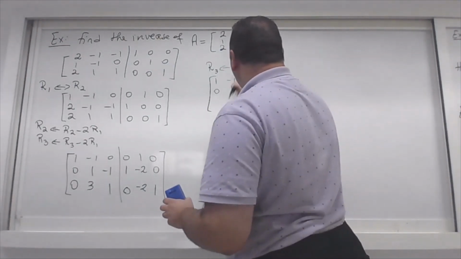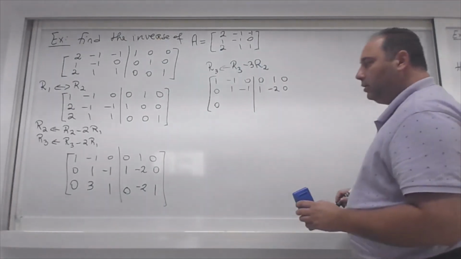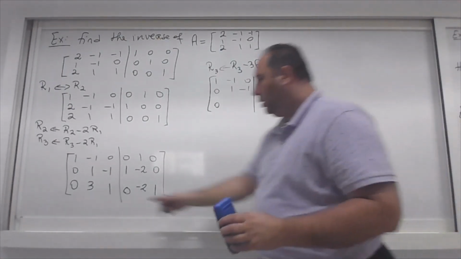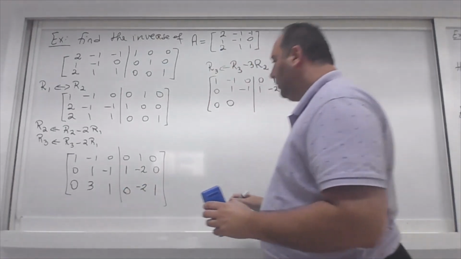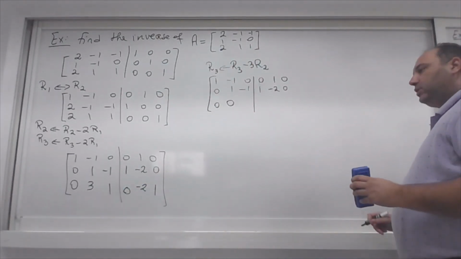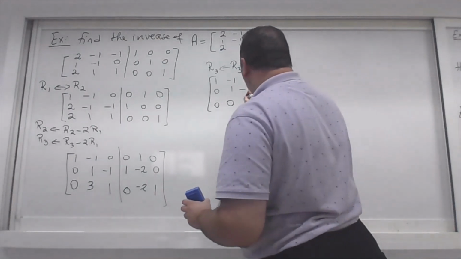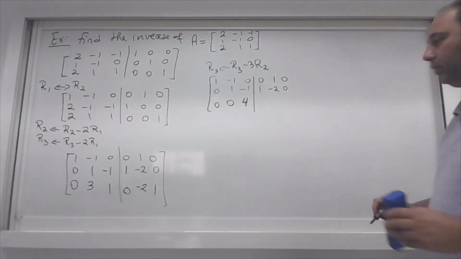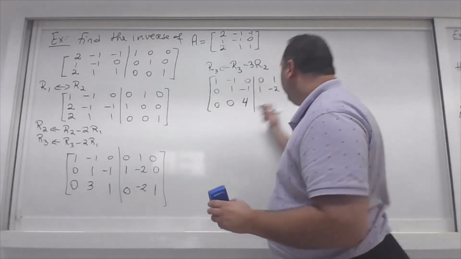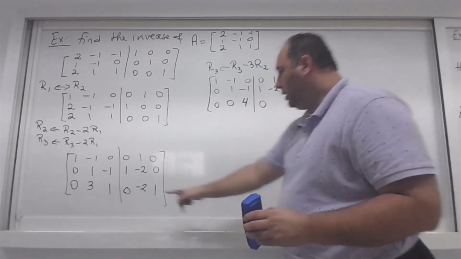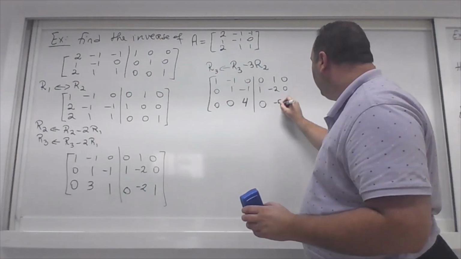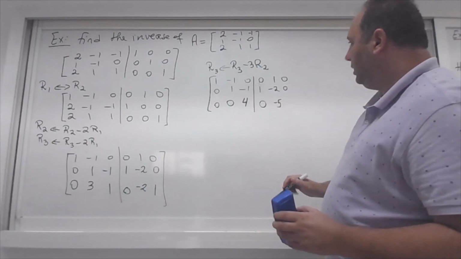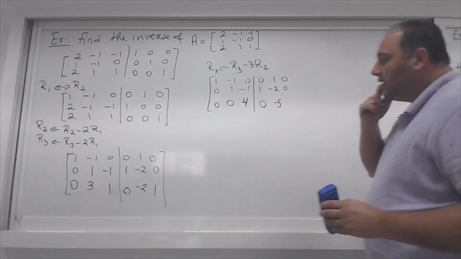So row 3 minus 3 times row 2. So this minus 3 times this is 0. 1 minus 3. So 1 plus 3, 4, 0, 0, fine. And then negative 2 minus 3, negative 5. Oh, it's ugly. This is ugly. And then I have 1.